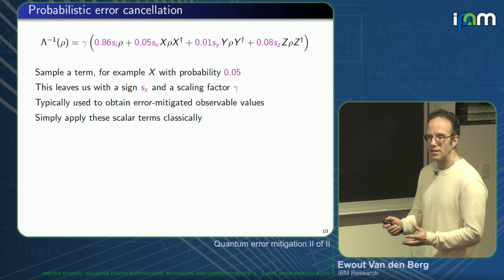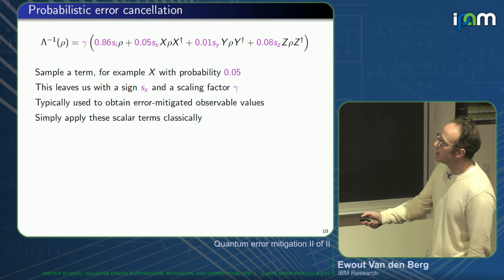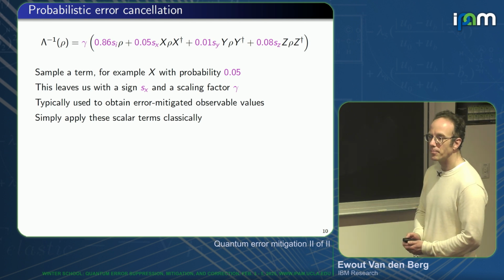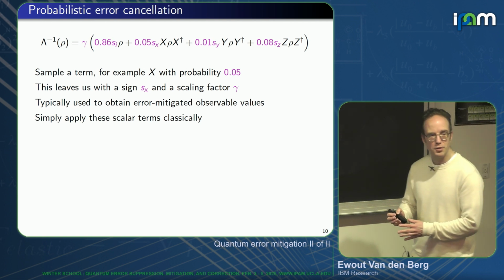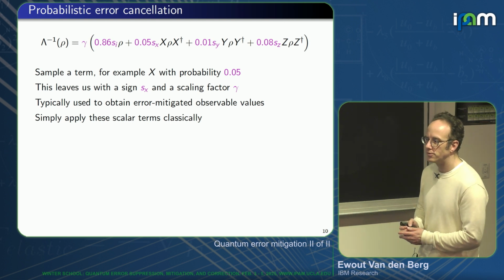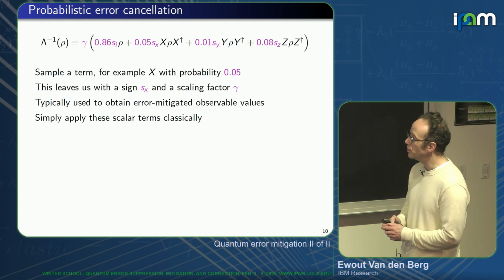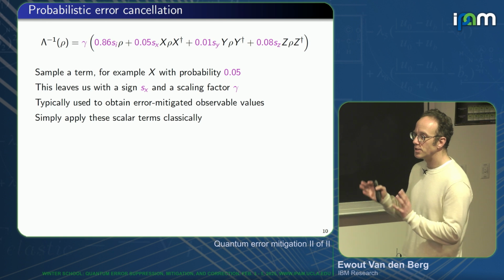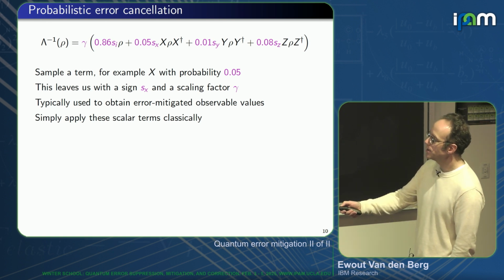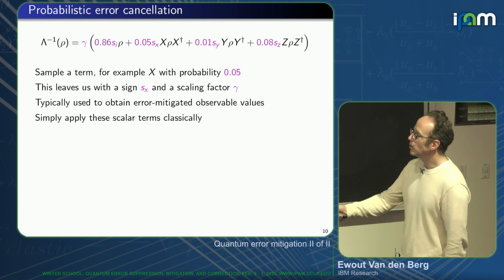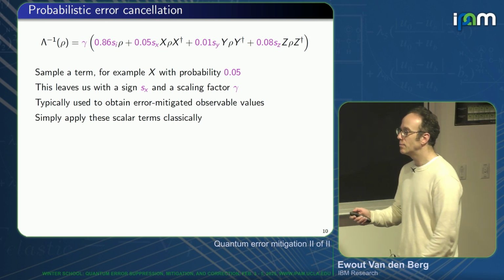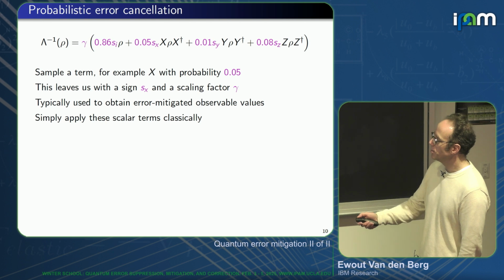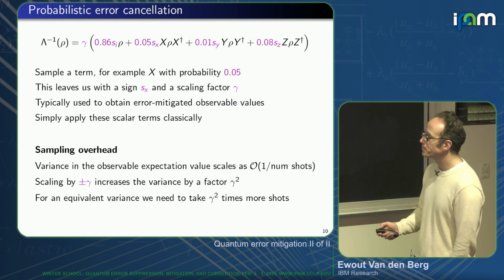But we still have this sign, S, and our scaling factor gamma, right? This kind of procedure is usually used in the context of estimating observable values. And of course, if we just calculate the observable values, we can easily multiply by -1 or scale it by gamma. So this is how we implement it: we just apply those classically.